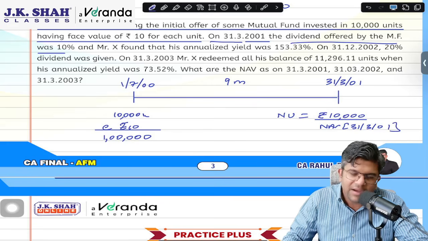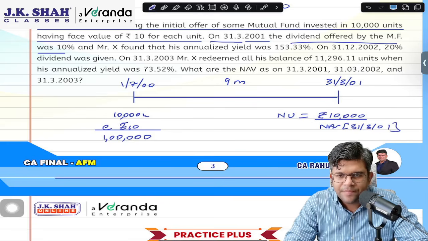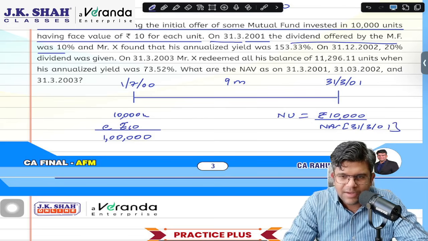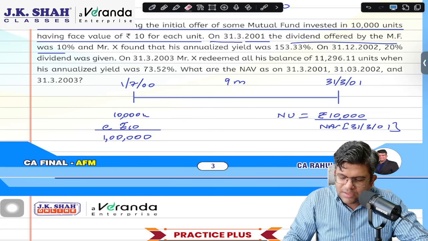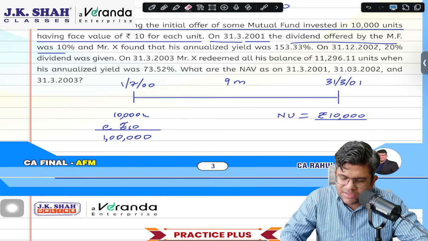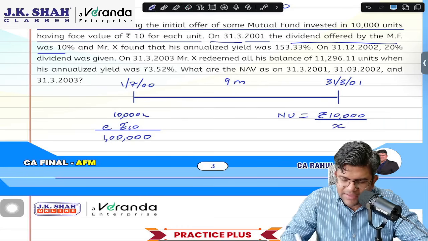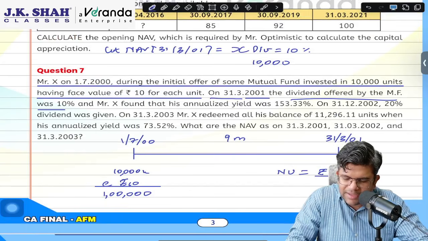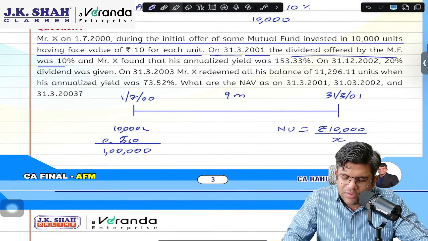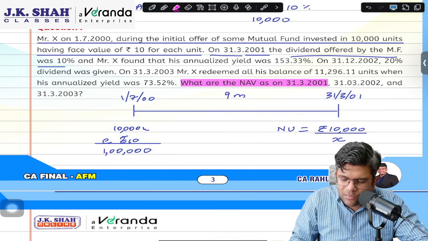Give me a yes on chat box. So what I will do is let the NAV on 31/3/2001 be X. And if you look into the question, isn't that what we are supposed to find?